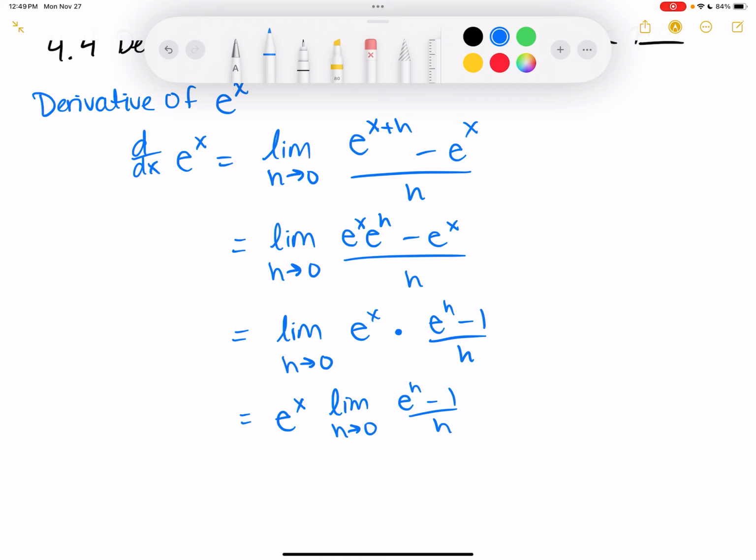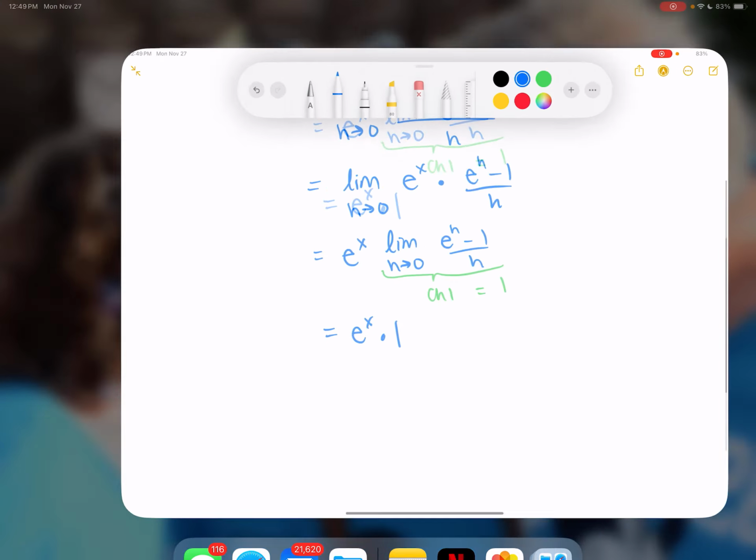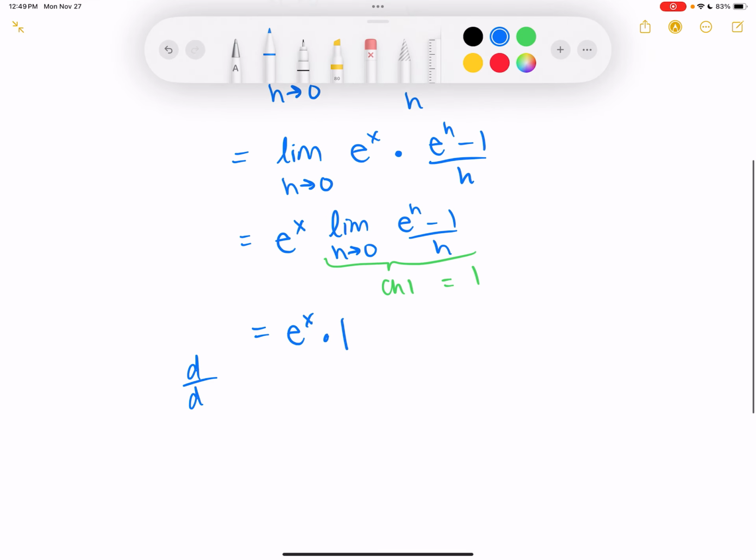Now, from back in chapter 1, we learned that this limit is equal to 1. So this ends up being equal to e to the x times 1. The derivative of e to the x is e to the x.